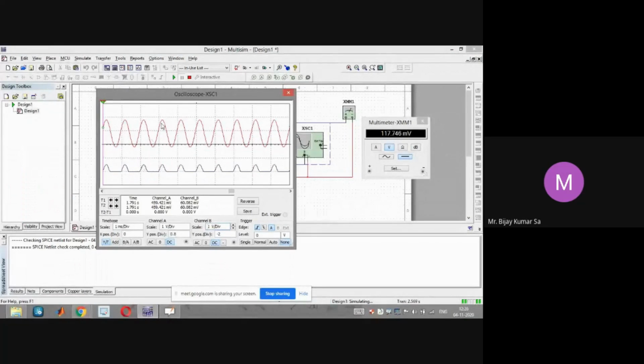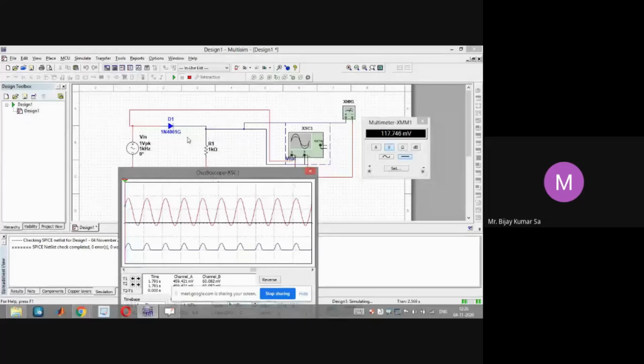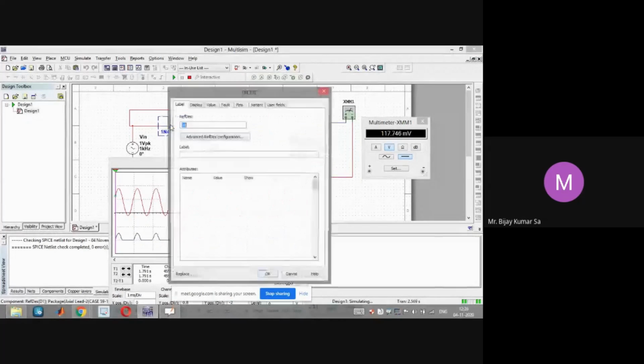Why? Because there has been a drop across this resistance. And how much drop has it incurred? The drop equals the junction potential of this diode, the knee voltage of this diode. And the knee voltage is 0.7, which we have already seen in the diode specification.